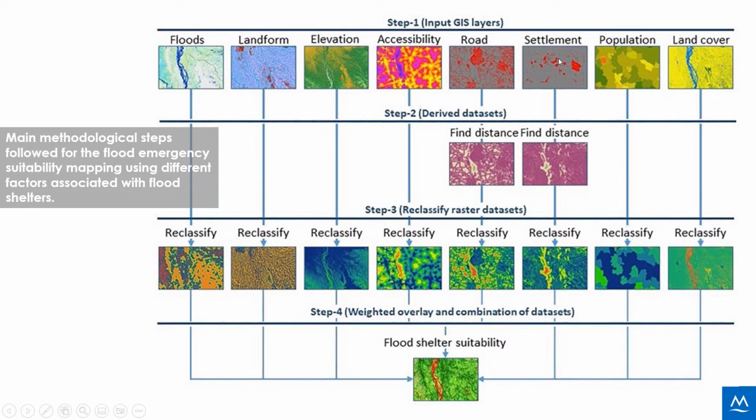Also the location of the settlement, because if a flood shelter is close to the settlement, people will easily go to that particular shelter. So any flood shelter should be close to the settlement. Also population density. If we are building a flood shelter, it should be in a densely populated area, not where the population is very sparse.